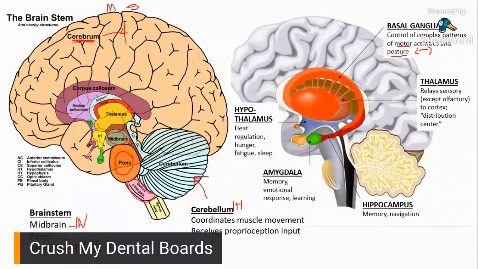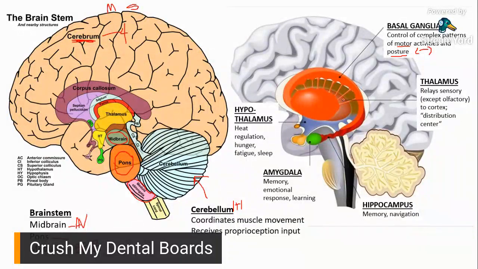The thalamus is the one that's responsible for relaying sensory information to the cortex. So, sensory to cortex. San part ng cortex? Edi dun sa sensory portion ng cerebral cortex. Okay?